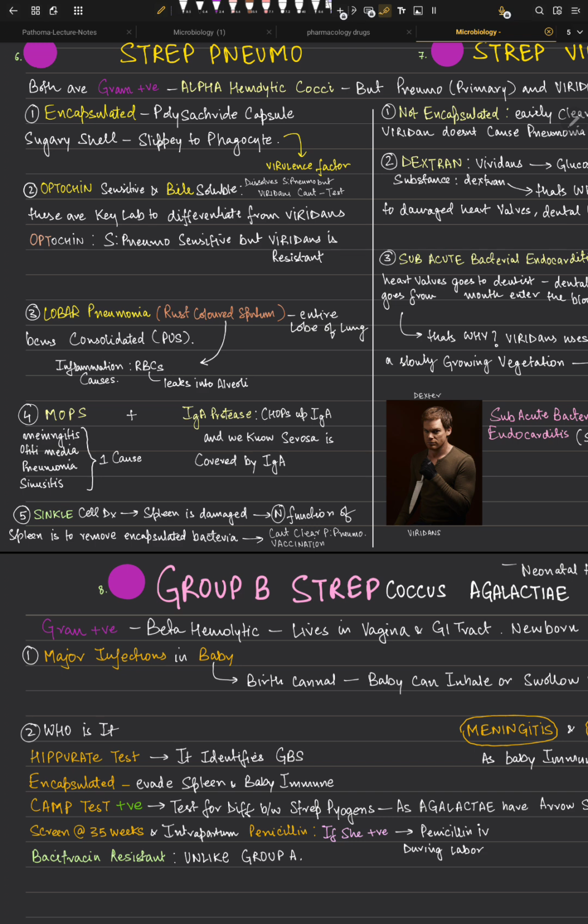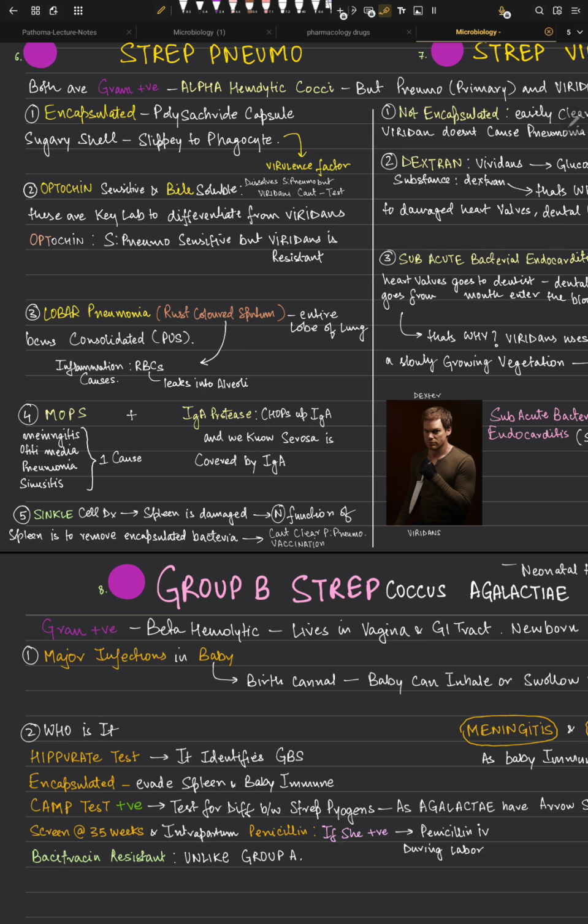The spleen is present anatomically, but it is functionally absent. So we cannot remove these RBCs, and the spleen is supposed to remove this bacteria, right? So this is the whole story of it.